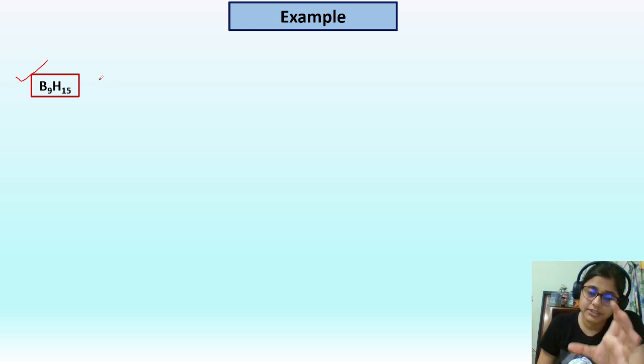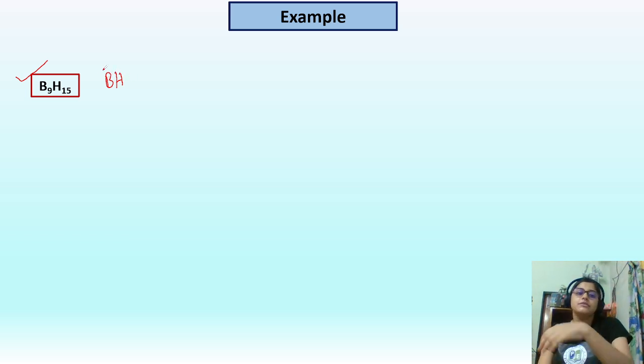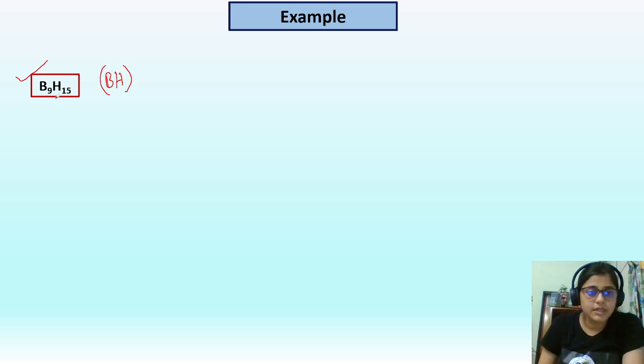First we have to isolate or take common the BH unit. So (BH) 9. How many H's are left? 6, because total is 15, right?